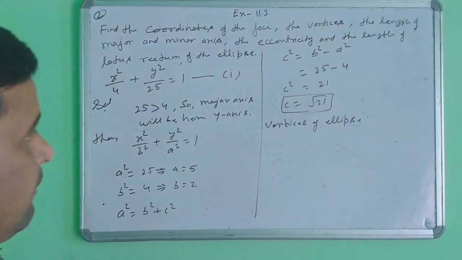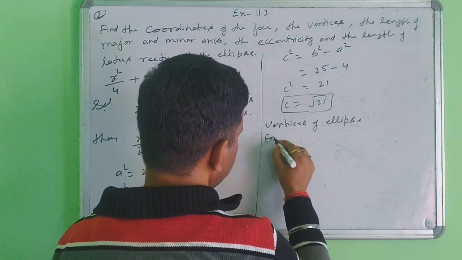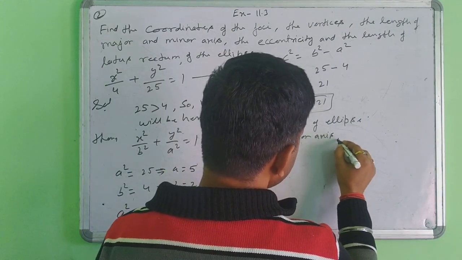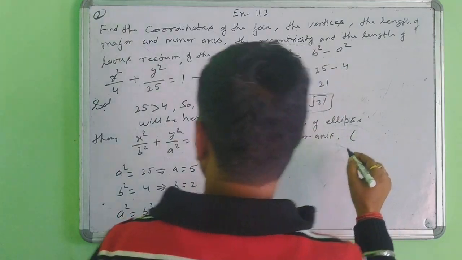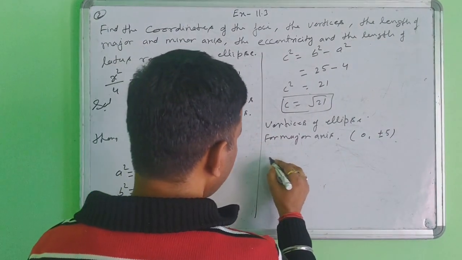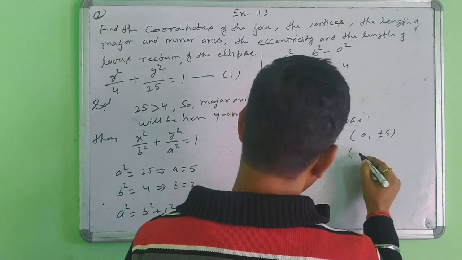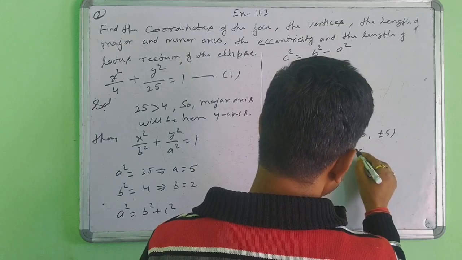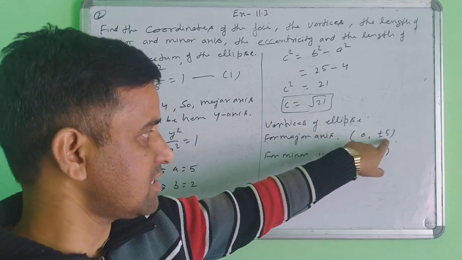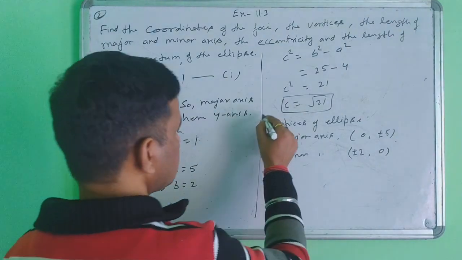For the major axis, the vertices are 0, plus minus 5, and for the minor axis, the vertices are plus minus 2, 0. So this one gives the vertices of the ellipse: for the major axis 0, plus minus 5, and for the minor axis plus minus 2, 0. This is the first answer.